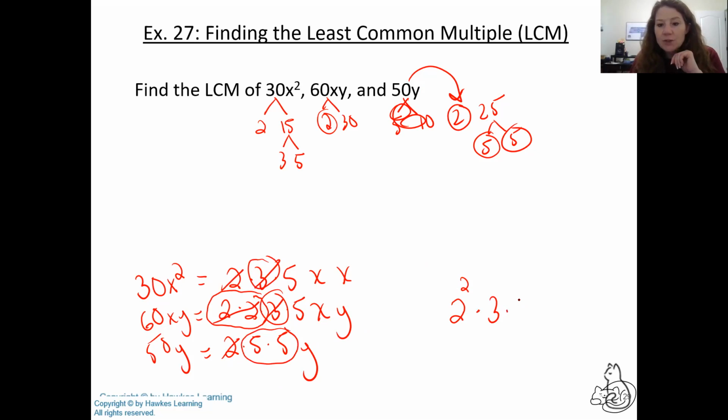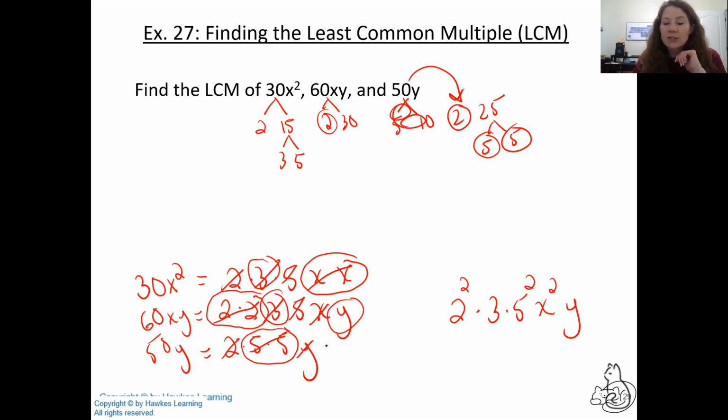So my largest group of 5's is 2, and it represents all 5's. I see x's here and here. My largest group of x's is x squared. It represents all x's. And then I see a y here and a y here. I have to use a y. The largest group I see is 1, and it represents all y's.